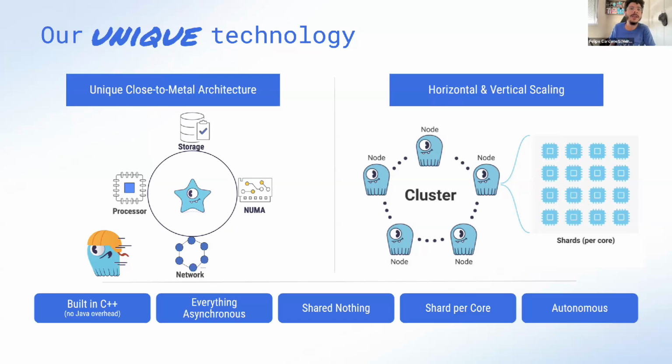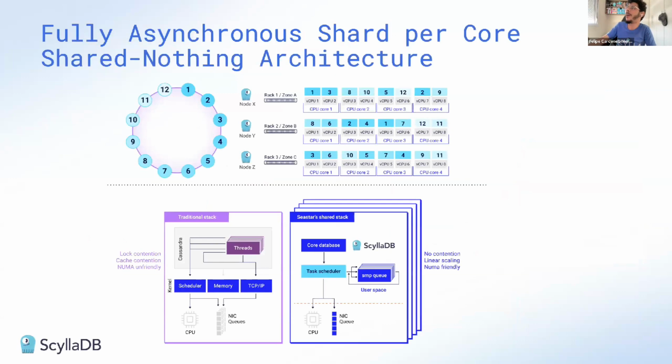For example, before ScyllaDB, we invented the KVM hypervisor. So if you ever worked with virtualization technologies, then you know that KVM is today used by Google Cloud and AWS.